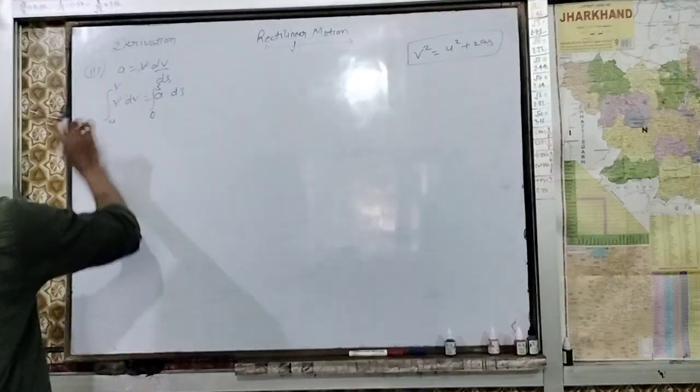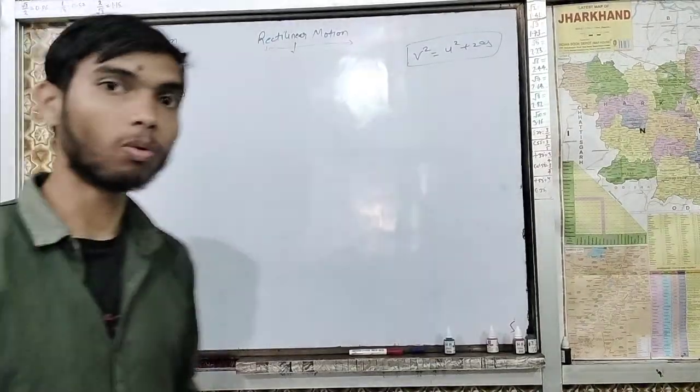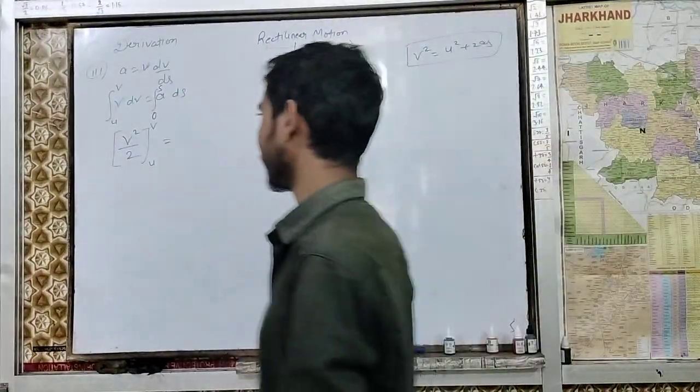So here integration of v with respect to dv is nothing but v square upon 2, and limits are u to v. You can't say a square upon 2. Why? Reason is a and s are not the same.